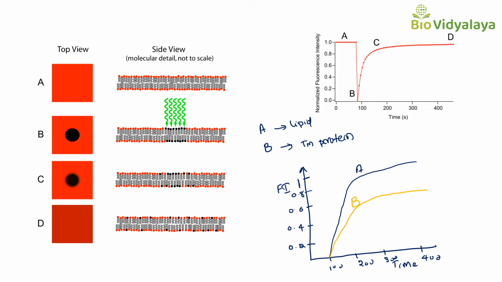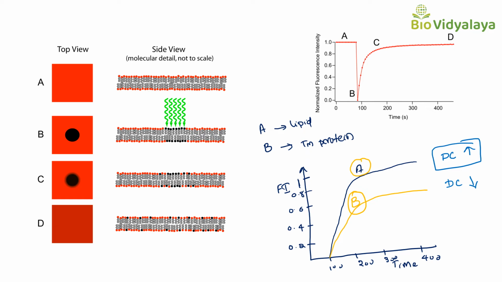So here you can see that fluorescent intensity reached maximum for molecule A within a limited time period as compared to molecule B. So the diffusion coefficient of molecule A is more as compared to molecule B. That you have to remember.